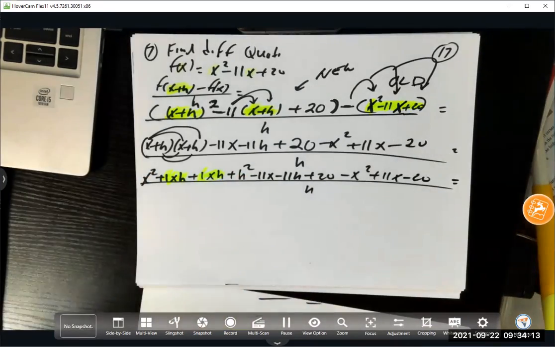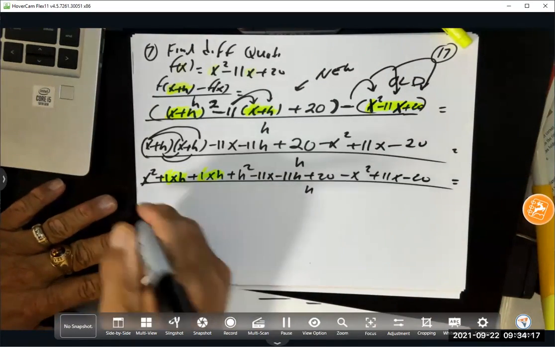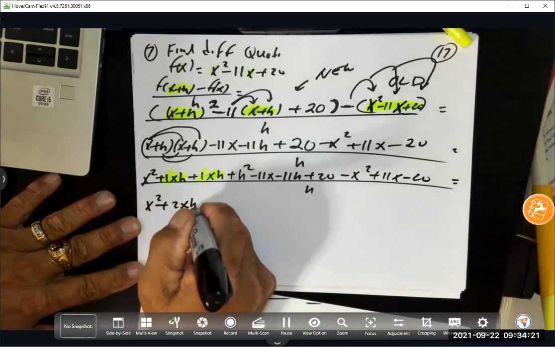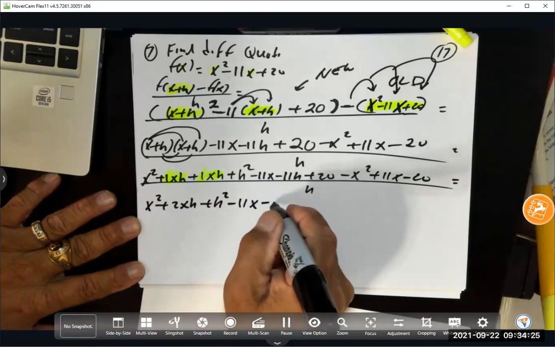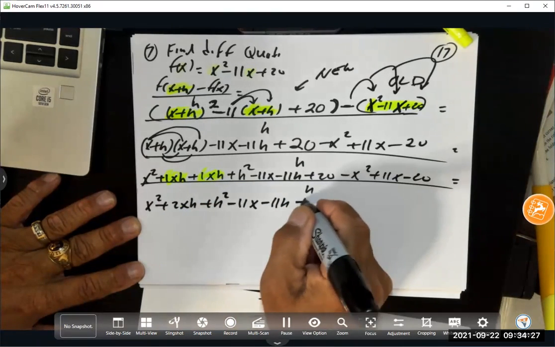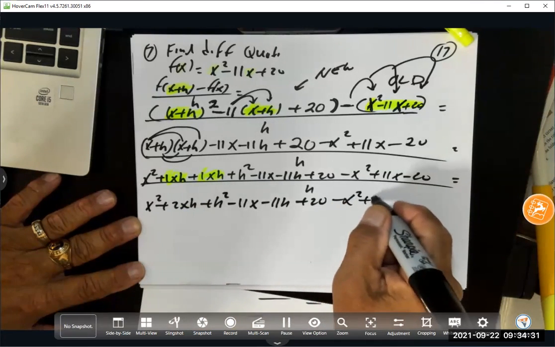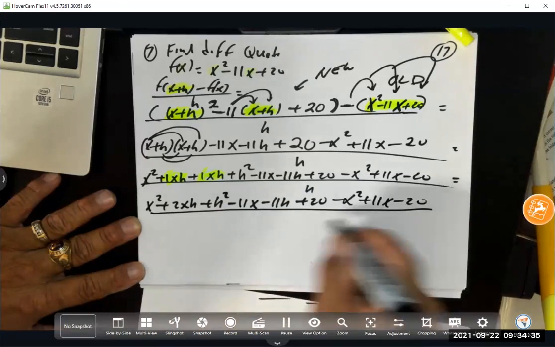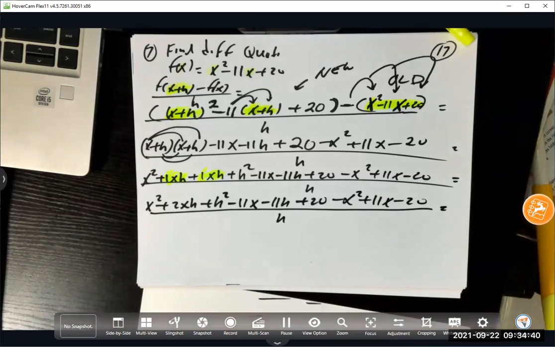What's 1xh plus 1xh? 2xh. Yes. So we write down what you just said. X squared plus 2xh plus h squared minus 11x minus 11h plus 20 minus x squared plus 11x minus 20, all over h.